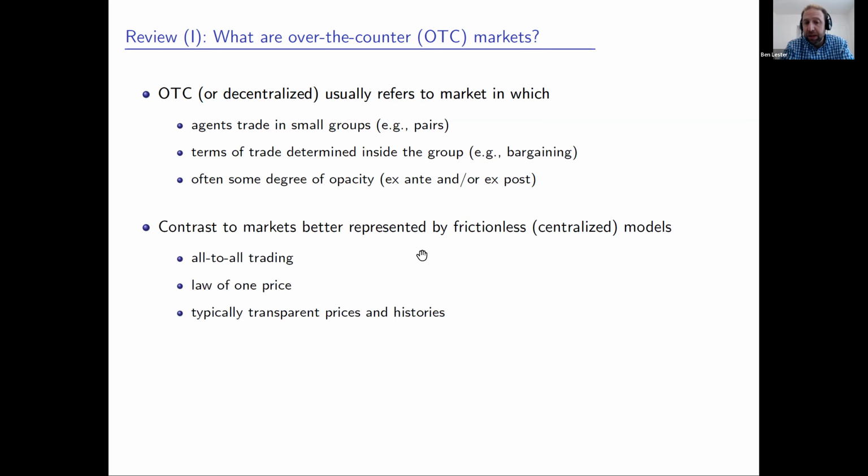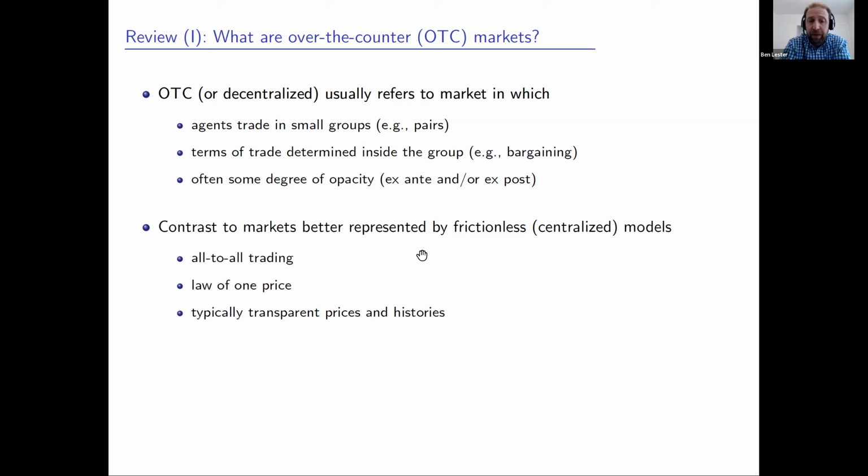In these markets, we typically think of more all-to-all trading, that anybody who wants to trade in that market can instantly and easily trade with any other participant. In these markets, the law of one price typically prevails, or at least is a good approximation. And you have transparency both ex ante and ex post.